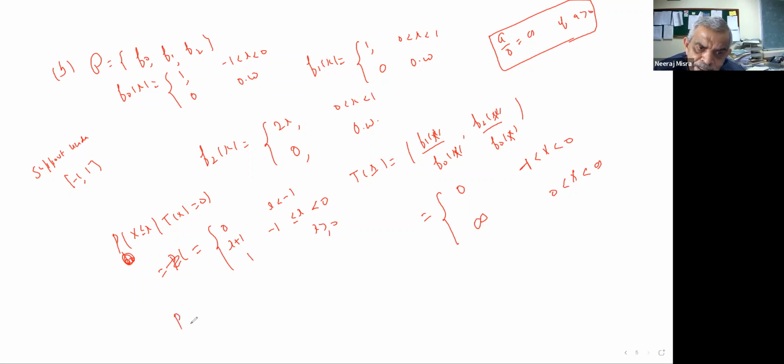What would be the probability under F1, x less than or equal to x, given T(x) equal to 0?